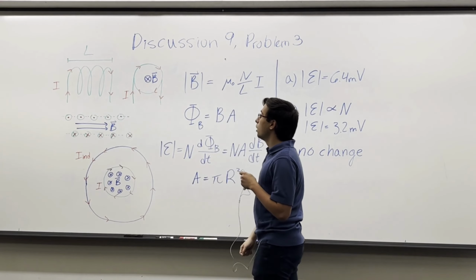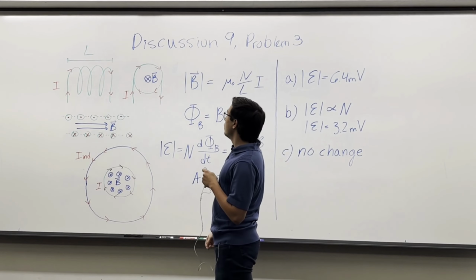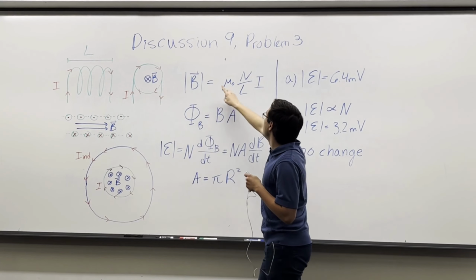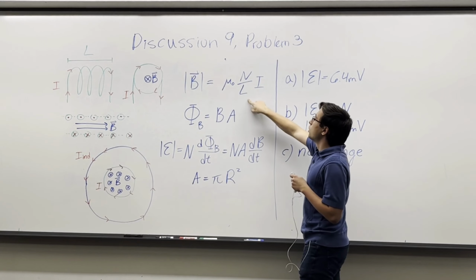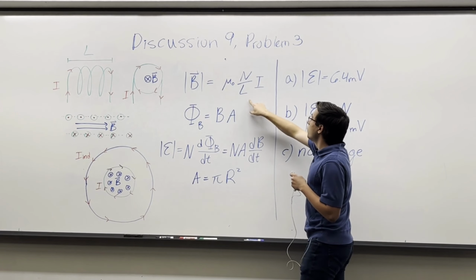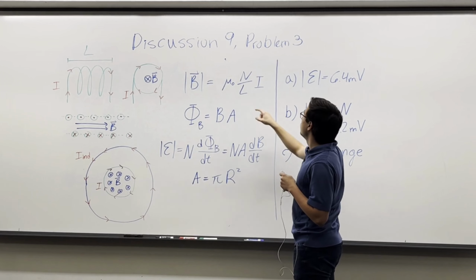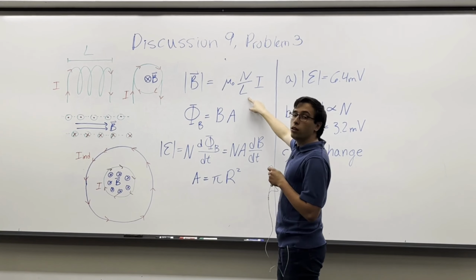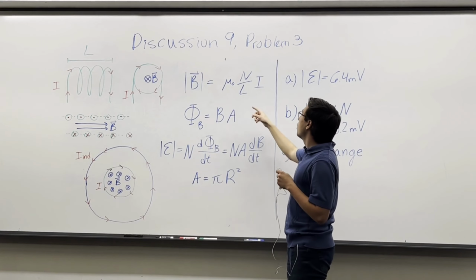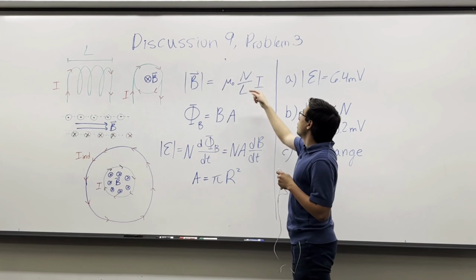We have an increasing current with time. The magnetic field inside the solenoid has its magnitude given by this expression. Mu naught is a constant, and so the physics is contained in this N I over L. N over L tells us how densely packed our coils are.